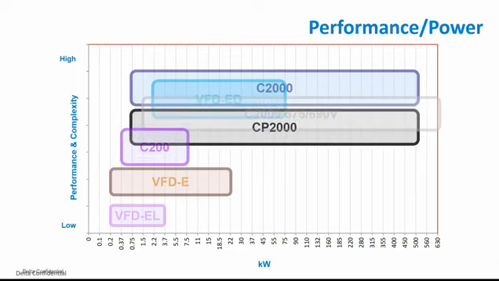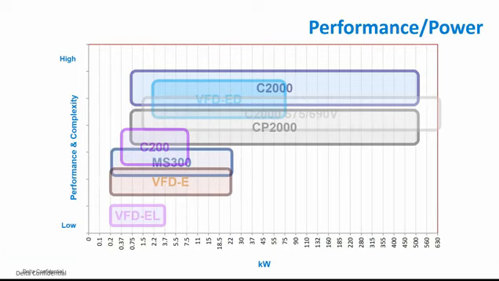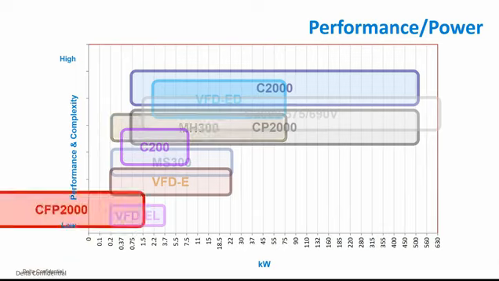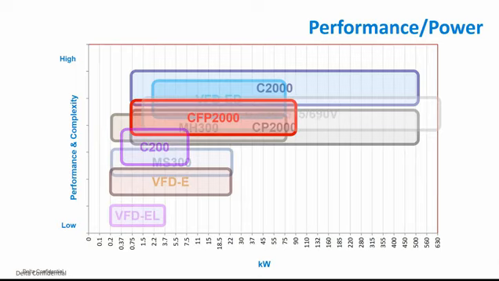And you also have the CP2000, of course MS300. I mentioned previously the MH300, which is not currently released, but we expect to see it out next year. And of course, the CFP 2000.